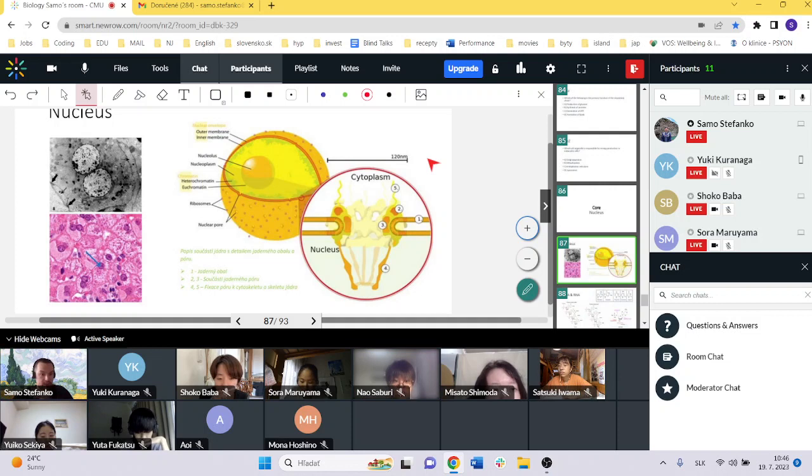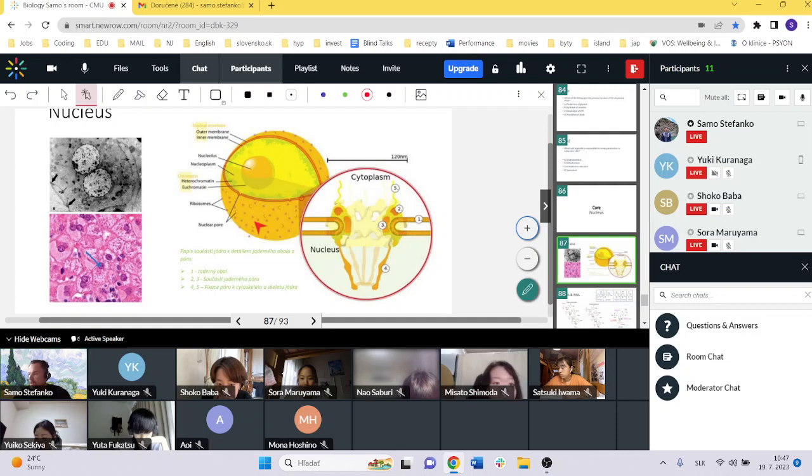Perfect. Great. Only mitochondria and the nucleus can have DNA inside them. Besides those two organelles, there is no DNA present in the cell. But most of it is here in the karyoplasm, in the nucleus.